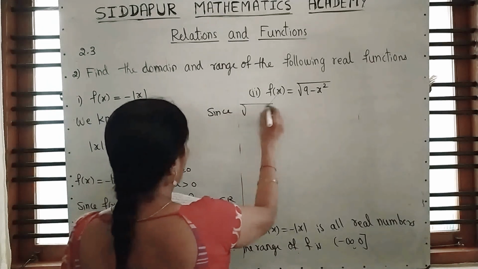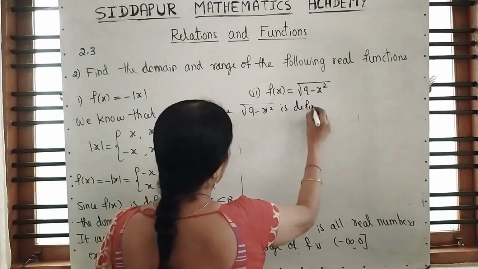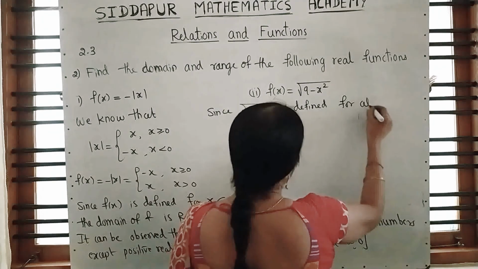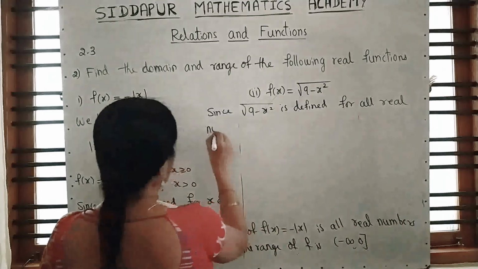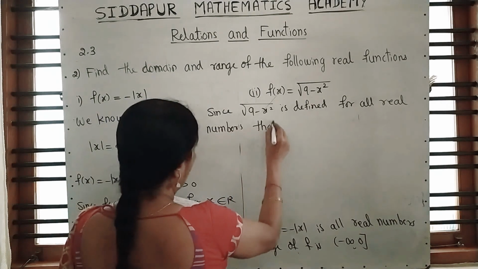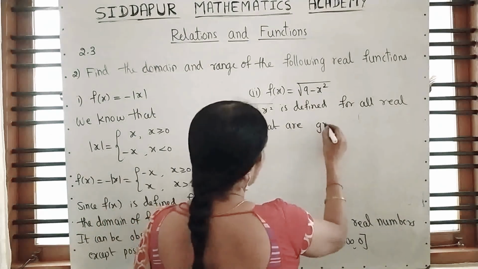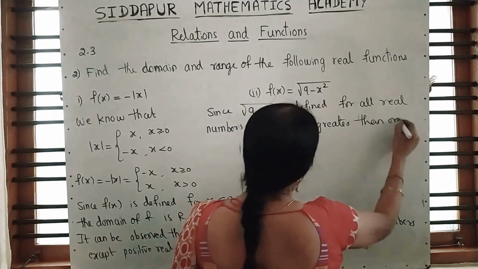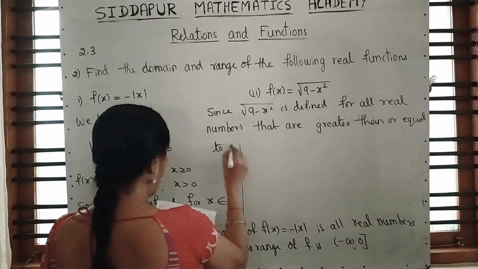Since root of 9 minus x square is defined for all real numbers that are greater than or equal to minus 3.